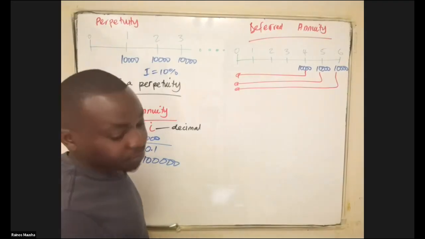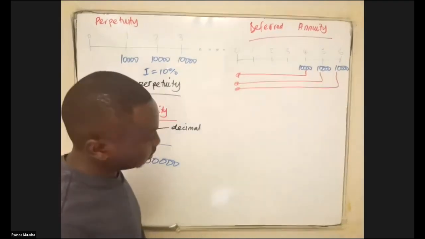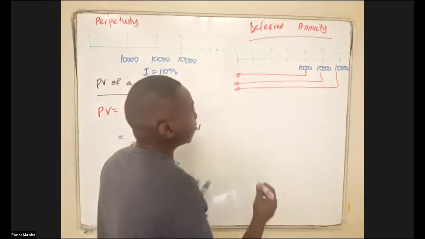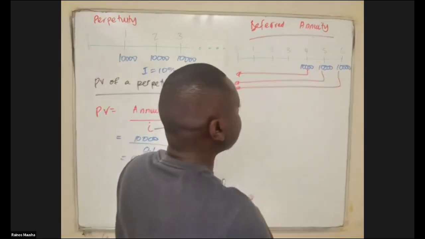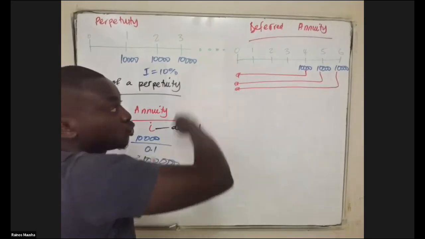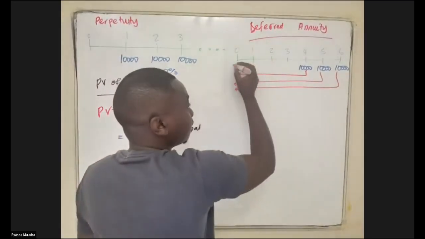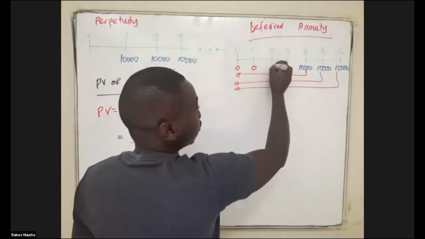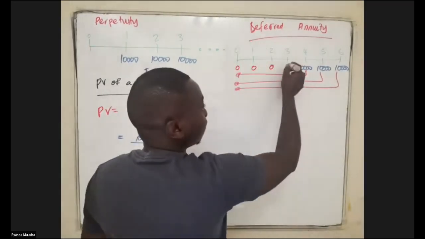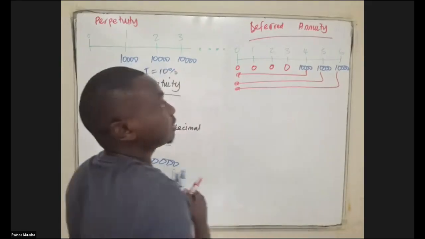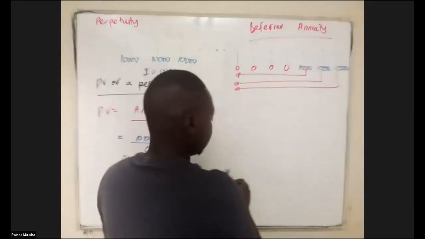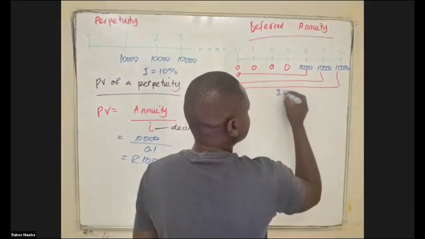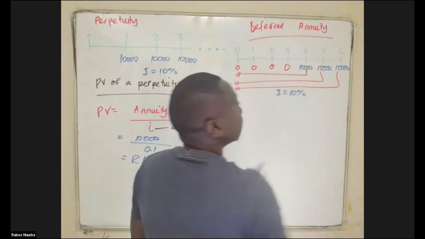So how do you find the present value of a deferred annuity? You need to acknowledge the cash flows for each period. So we know for year 0, there is no stated cash flow. For year 1, no stated cash flow. For year 2, none. For year 3, none. And let's assume that the interest rate in this case is still the same, 10%.